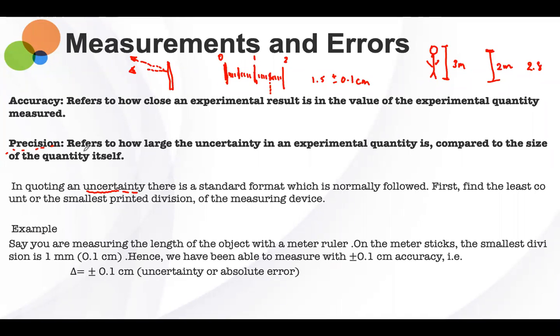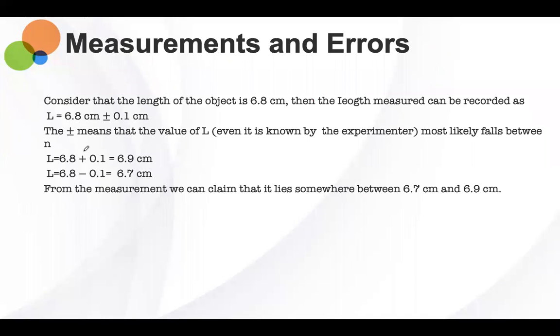That's good. So consider the length of the object is 6.8, right? Then the length measured can be recorded as 6.8 plus and minus 0.1. That's your uncertainty. Whenever you're making any form of measurement moving forward, you have to place an uncertainty there.